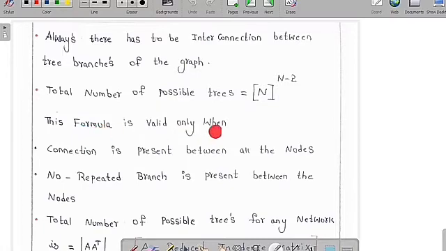This formula is valid only when the connection is present between all the nodes and also no repeated branches are present between the nodes. These two conditions must be satisfied in order to hold this formula, which is that the total number of trees possible for n nodes is equal to n to the power of n minus 2, where n is the total number of nodes present in that graph.